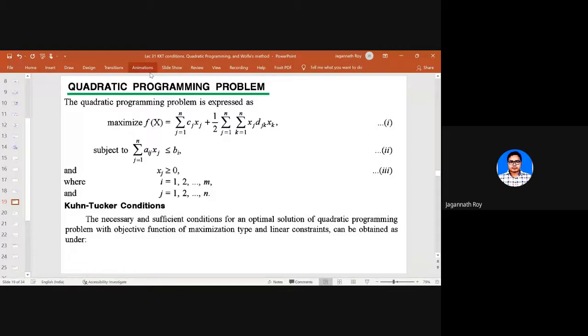Now, for a quadratic programming problem, the objective function will be of quadratic nature, and a quadratic function can also be represented in this form. If you look at C1 x1 plus C2 x2 plus up to Cn xn, then plus half of, if you write this one, what will it be?